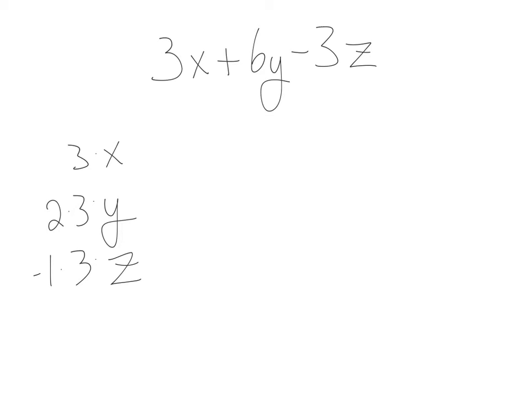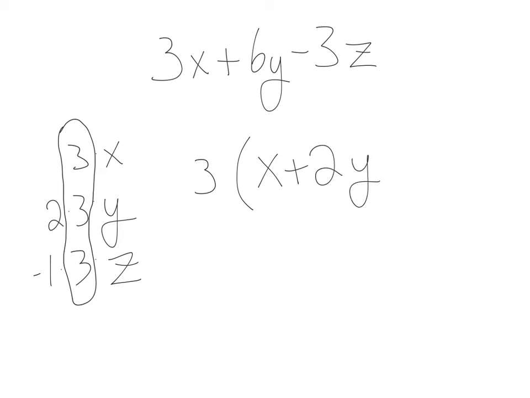The common factor being 3 in all 3 terms. So that's what we want to factor out in this case. So we could rewrite this as 3 on the outside, x plus 2y minus z. That's factoring the 3 out of that polynomial.